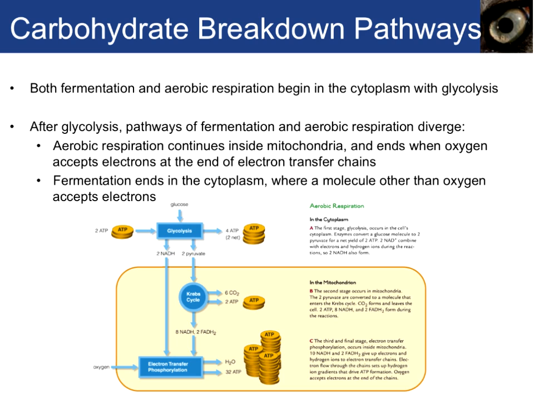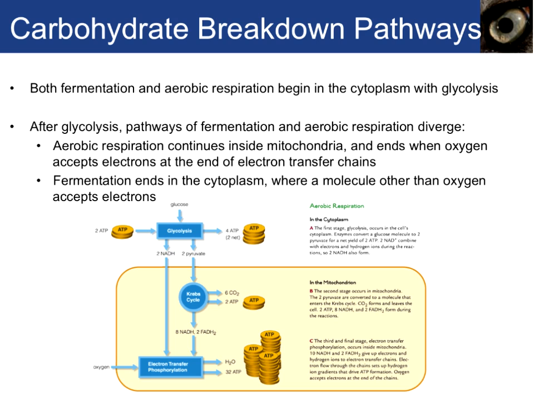So both fermentation and aerobic respiration begin in the cytoplasm with glycolysis. And so this is the slide that gives you a lot more detail on the separation of glycolysis and aerobic respiration. So again, glycolysis begins in the cytoplasm, and then after glycolysis, the pathways of fermentation and aerobic respiration diverge.